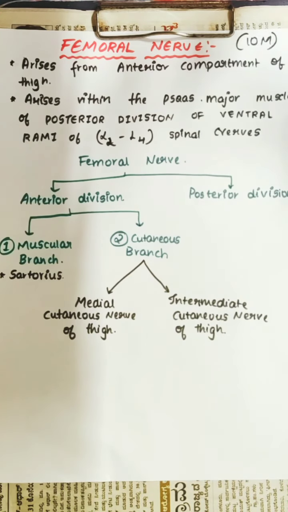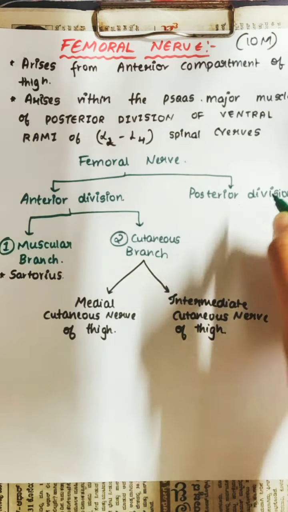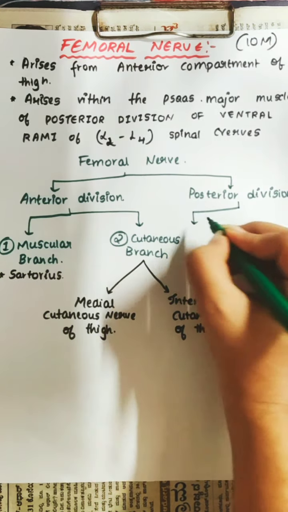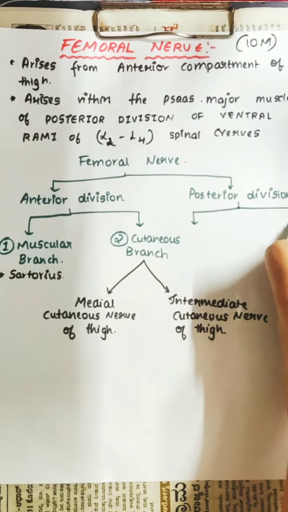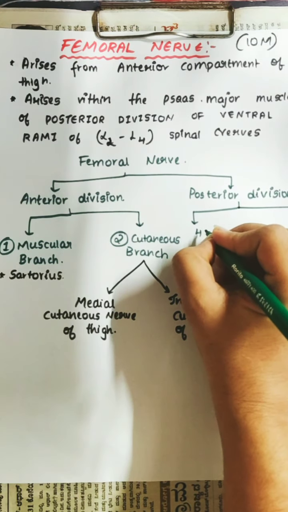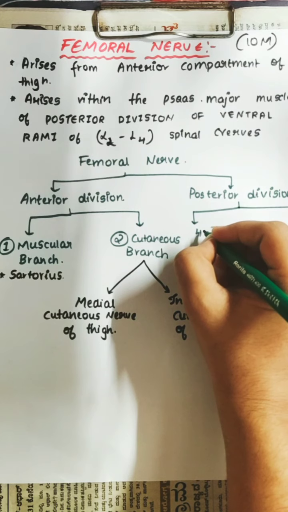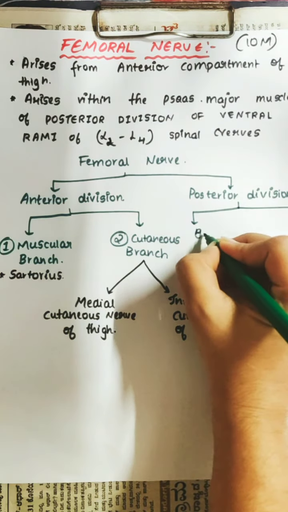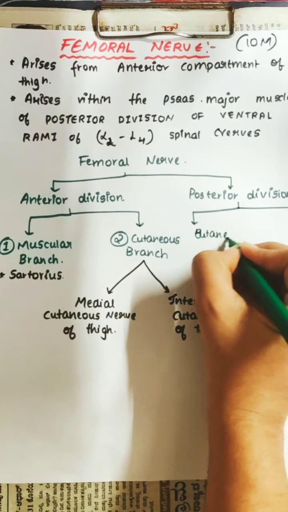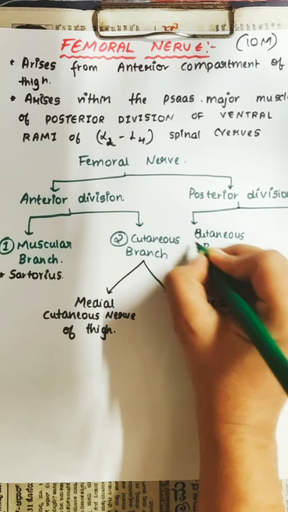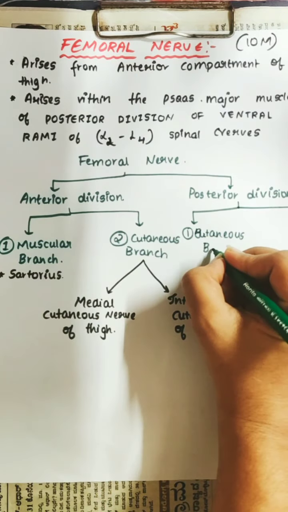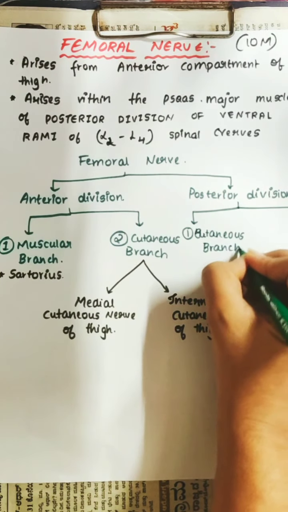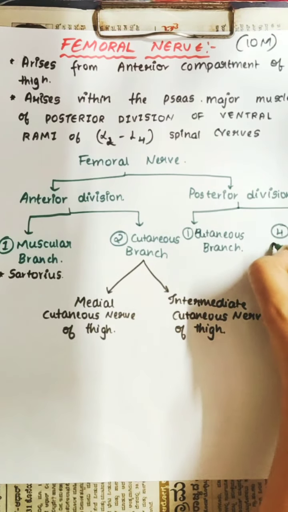We'll see about the posterior division. So posterior division is also having two branches. It has one cutaneous branch and four muscles.